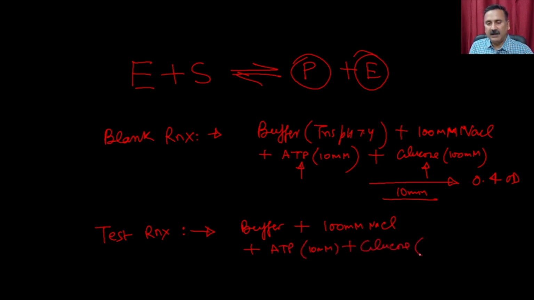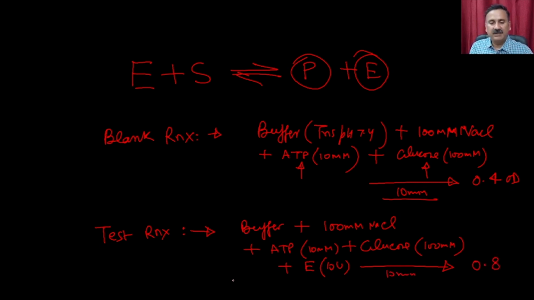And at the end, I'm going to add the enzyme. For example, I have added 10 units of enzyme, and then I will start the reactions. After 10 minutes, I am going to have an OD of 0.8, for example.